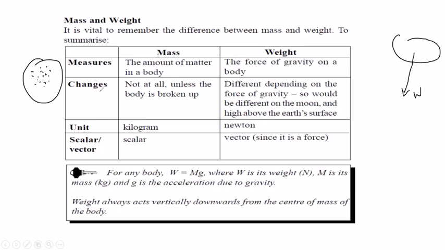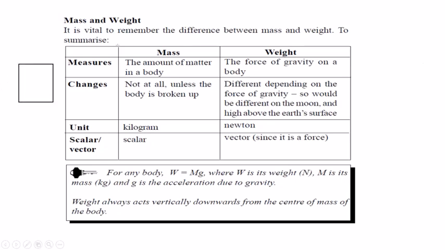Mass of an object does not change until the object is broken or the particle composition changes. Like when evaporation occurs, the mass changes because the number of particles changes. In the beginning, in a hot liquid, you have more particles, but as the process of evaporation continues, the number of particles decreases, so the mass will decrease.